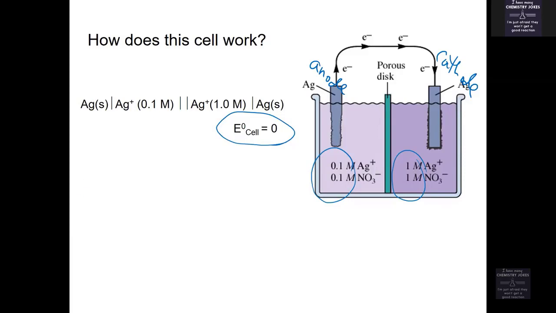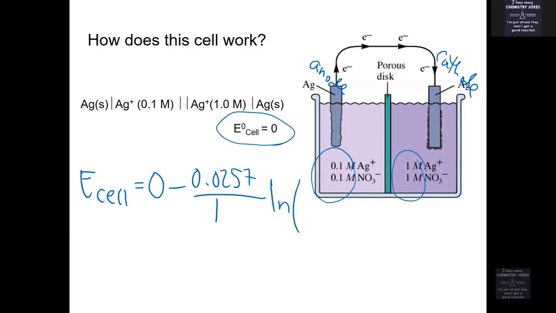So if we did the whole Nernst equation, E cell equals 0 minus 0.0257 over 1, because we've only got 1 electron in a silver plus, Ln of products over reactants. The way a cell diagram is written, this is a reactant, a product, a reactant, a product.